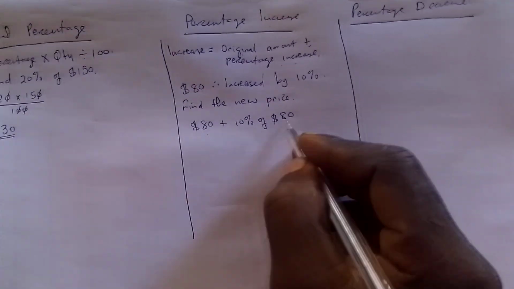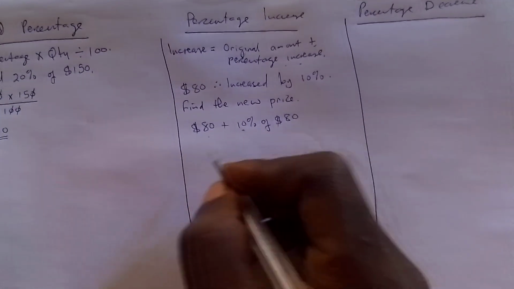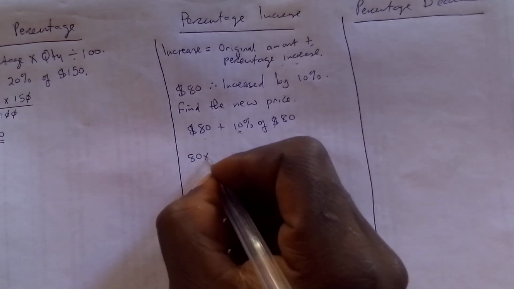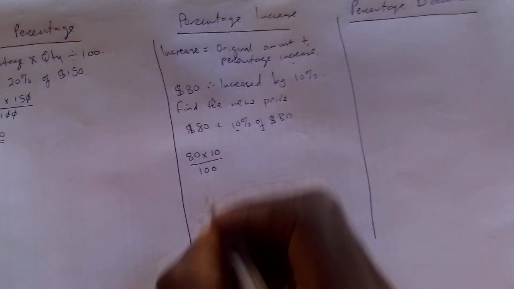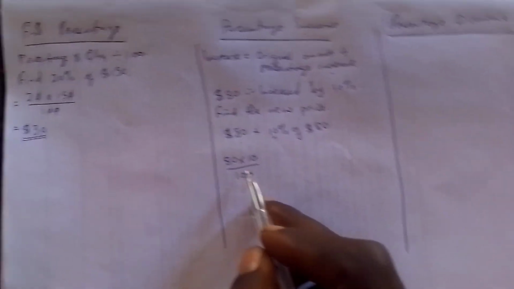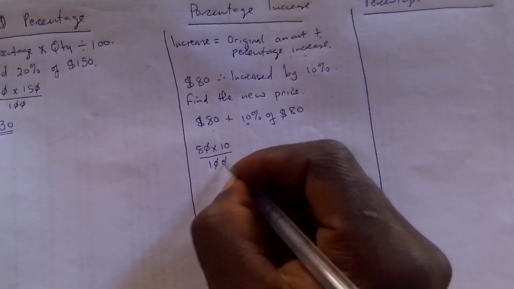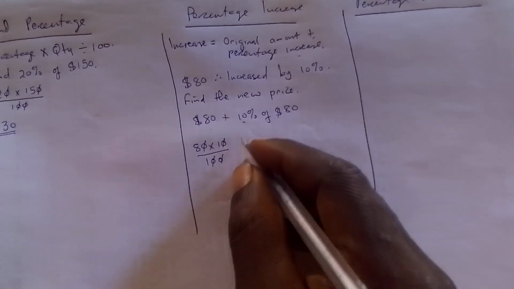Right. So in order for us to find 10% of 80, we are going to say 80 times 10 divided by 100. This is what we did here, exactly as it is. So we cancel the zeros, we remain with $8.